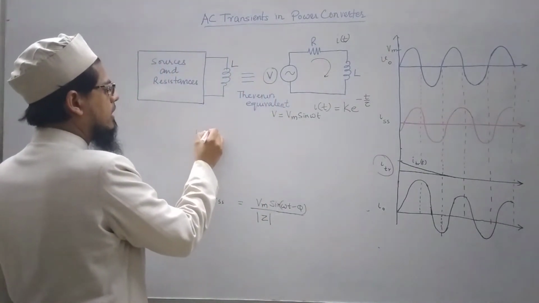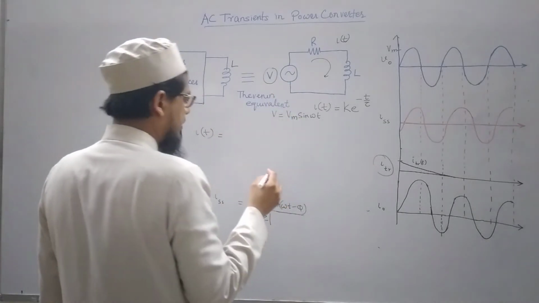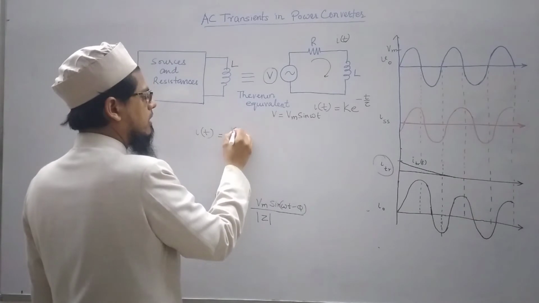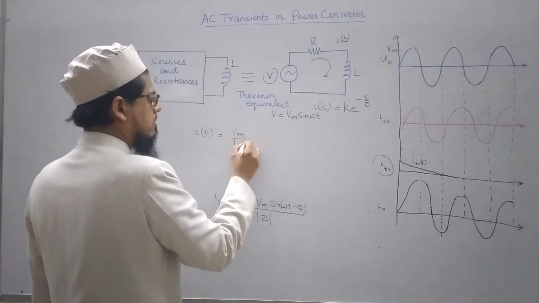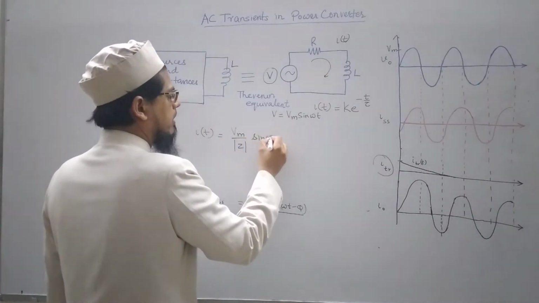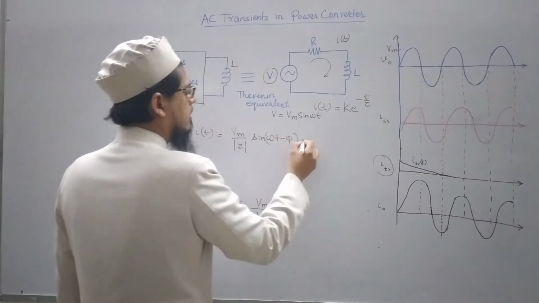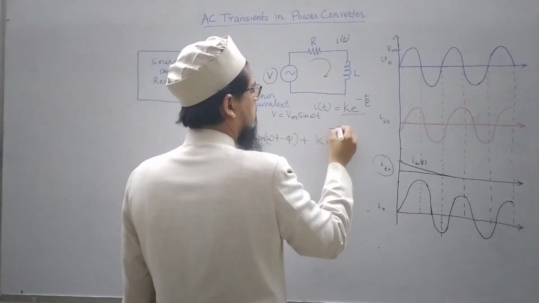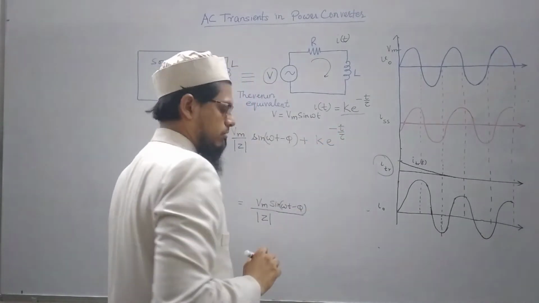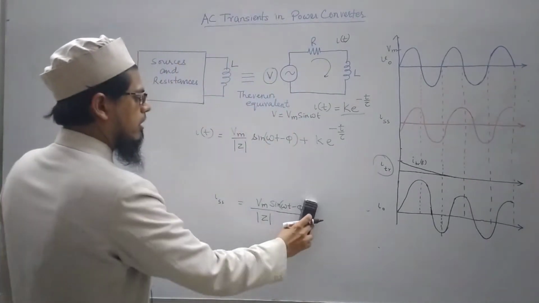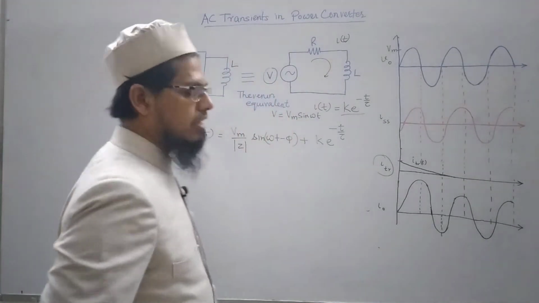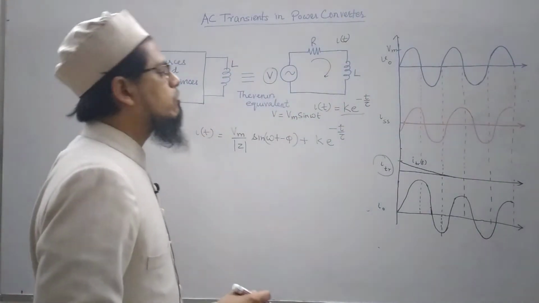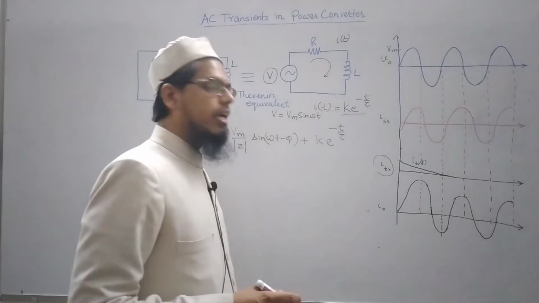Finally IT, which is the solution of this equation of this circuit, the current flowing in this circuit, is equal to the steady state current Vm upon Z sine omega t minus phi plus this term k times e to the power minus t upon tau. Now you could see here that k is an unknown in this expression, and we can find it out by using the initial condition.